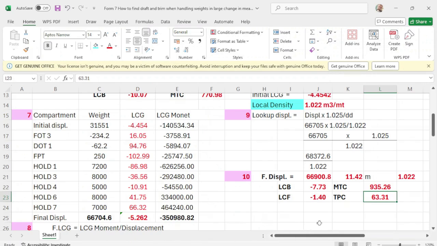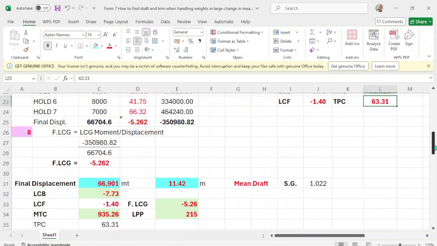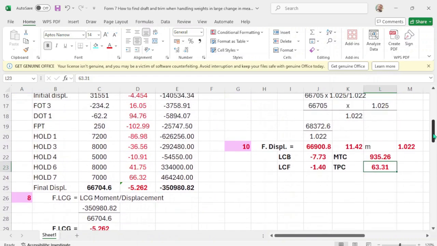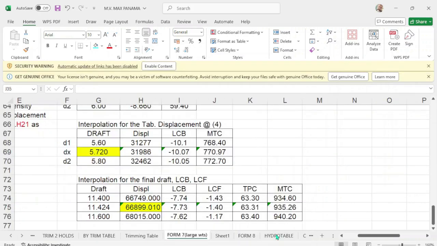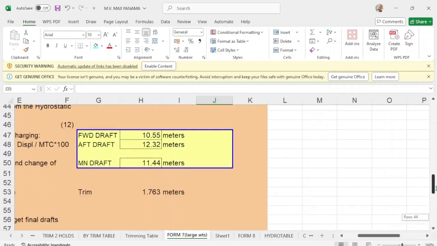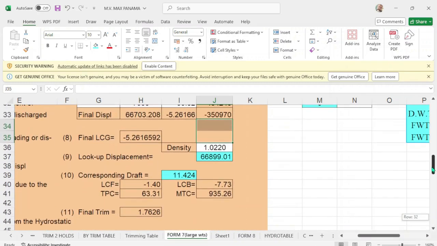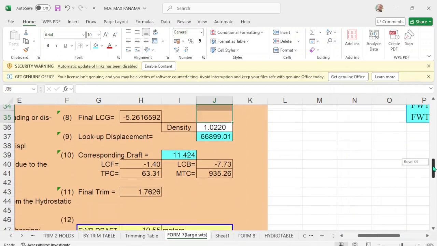So that will be number 10. Number 10, we have already this one. Go to the program. Okay, so we go to 11.